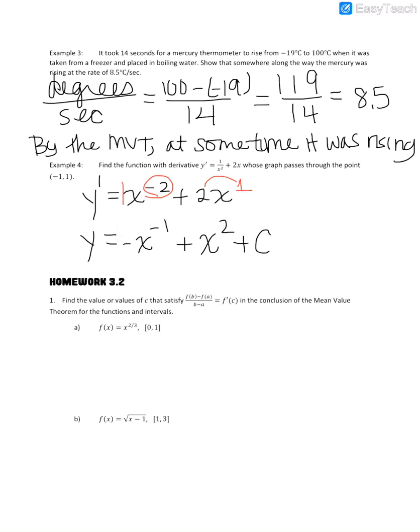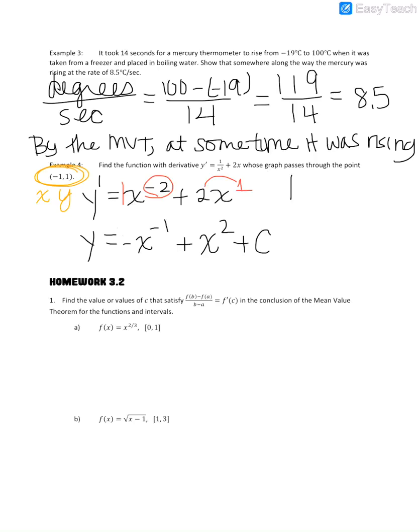So we need that plus c. That's where we're going to use this point right here. We're going to take our function and plug in this point for x and y, and that is going to show us what our constant c was in the original.